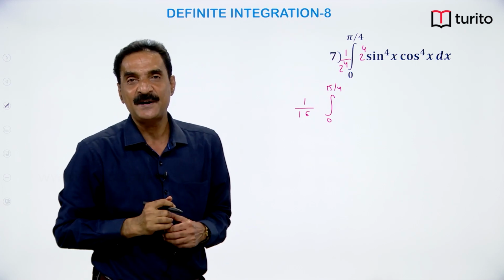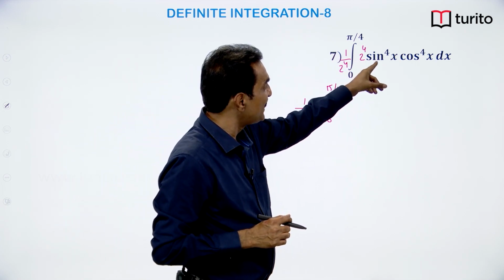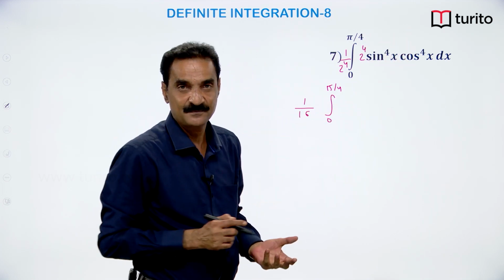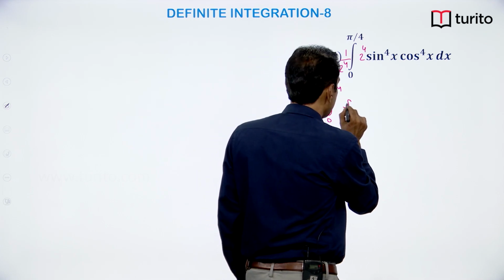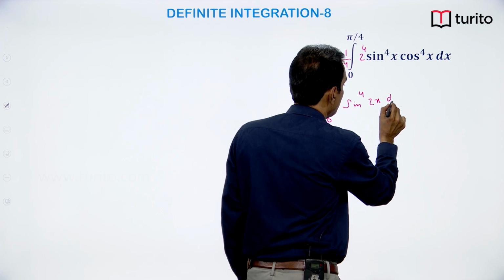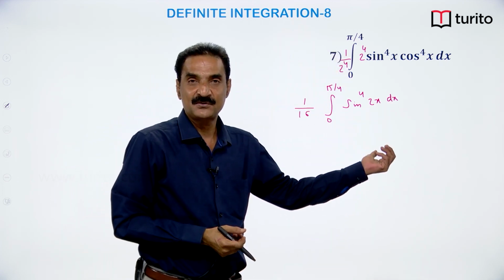Why did we multiply by 2 power 4? This becomes 2 sin x cos x whole power 4, that is sin power 4 2x. Is it not?